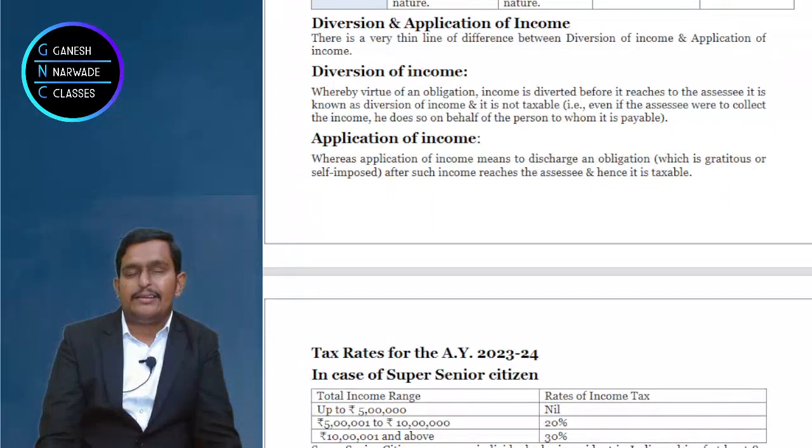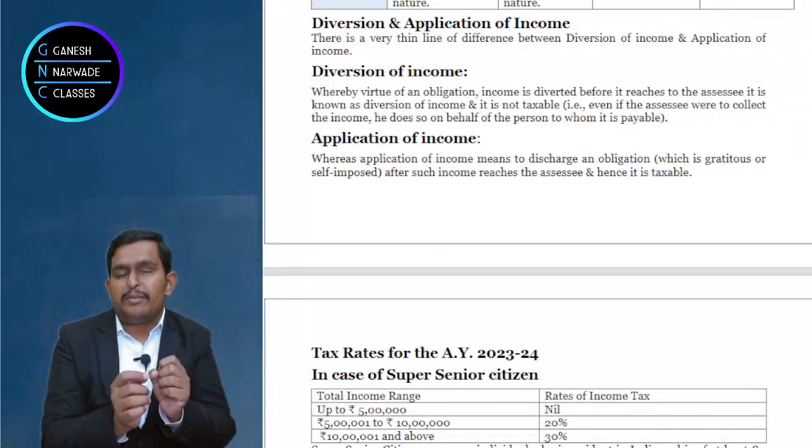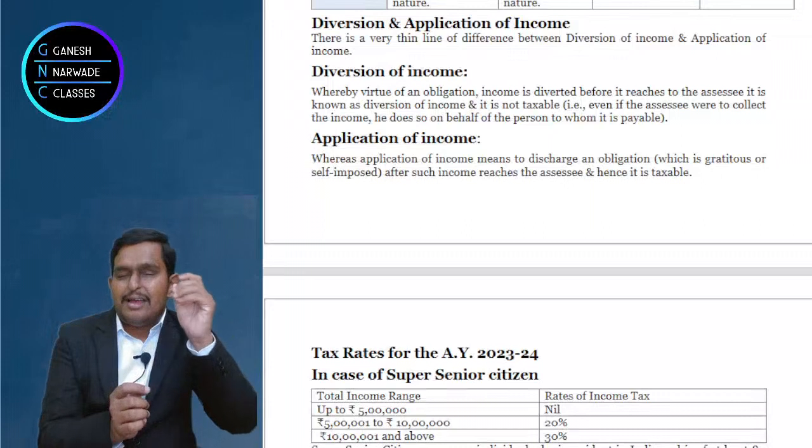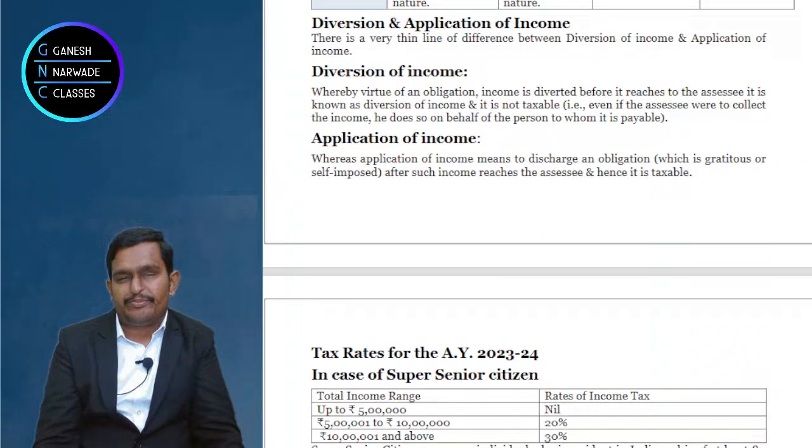Now the question comes: should the firm pay tax on the entire 3 lakhs rupees, or on 3 lakhs minus the amount paid to the wife, that is on 2 lakhs rupees?